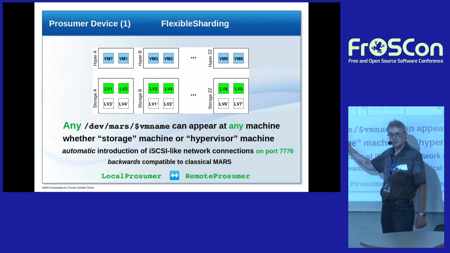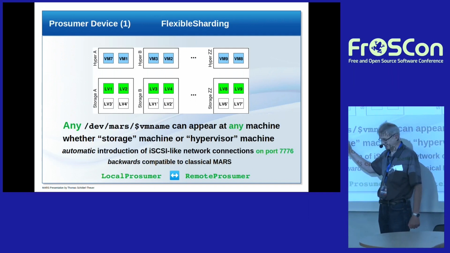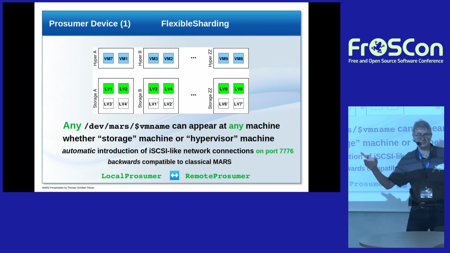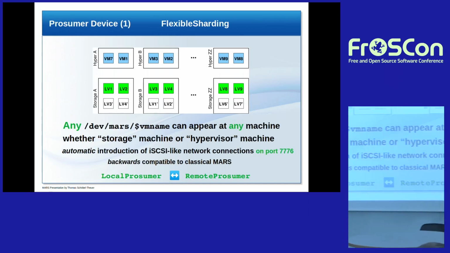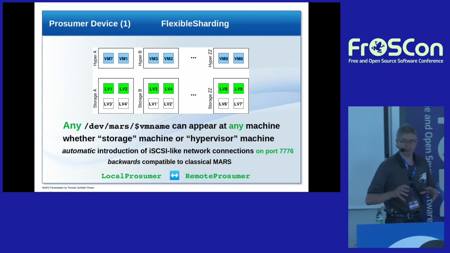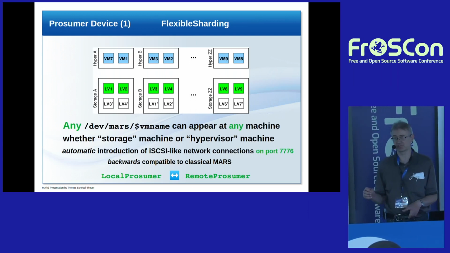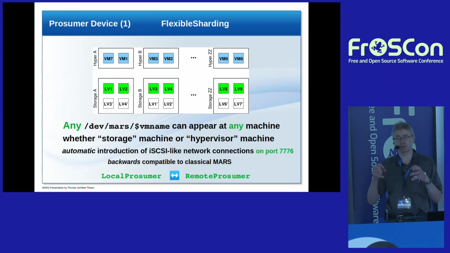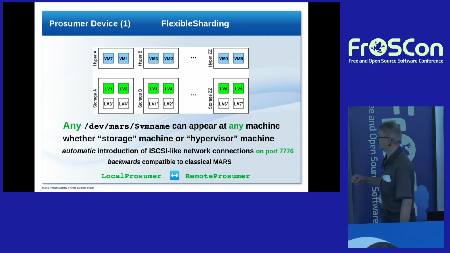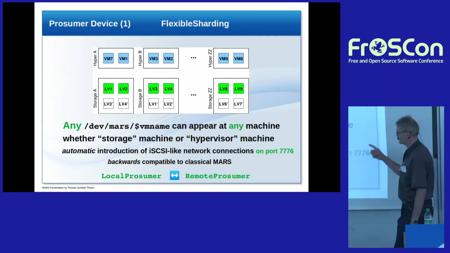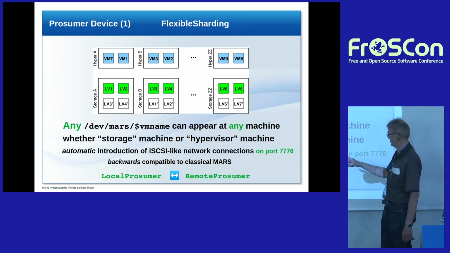device, the /dev/mars device, is not a physical device like your disk, but it can be a remote device. This is the basic idea. But whether it's remote or local, virtual device, does not matter anymore. And does not matter means you have to look at certain scenarios, which will be on the next slides.